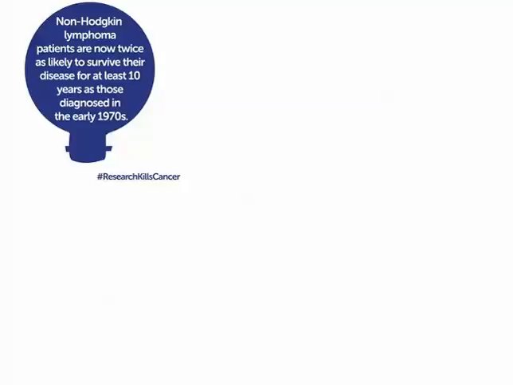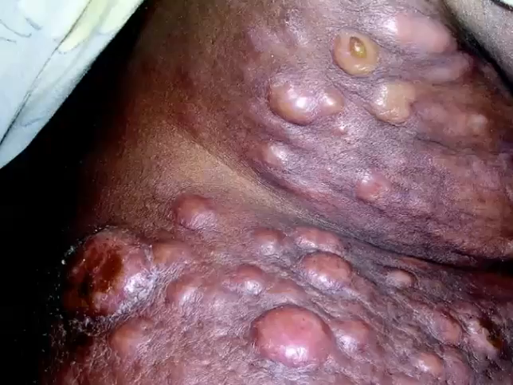Okay, now we're going to move on to talk about the therapy of the lymphomas. First, we're going to talk about follicular lymphoma. In this slide, we're looking at disseminated follicular lymphoma. Most patients with FL present after 60 years of age with painless peripheral adenopathy.